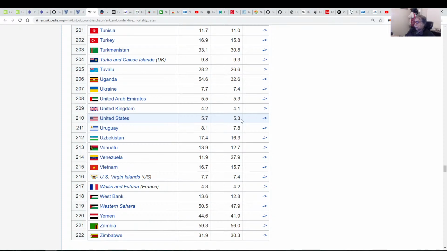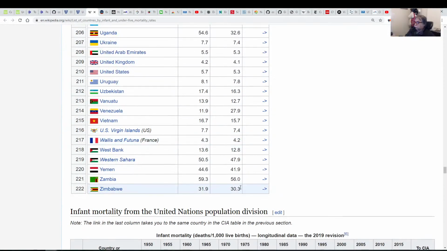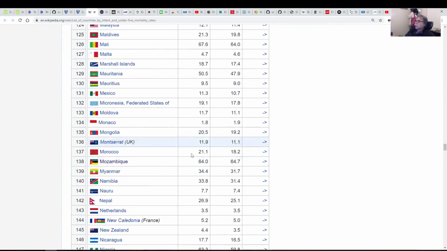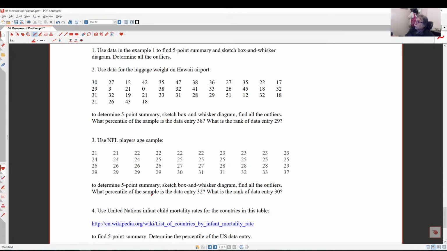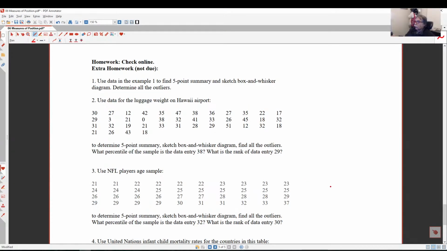So 5.3 per 100,000 children will die at birth. It's interesting to compare to the other countries. Of course, some are much worse, like Venezuela here, but some are better. This is some territory of France. You might want to check this out. So this would be extra homework beyond the regular homework.